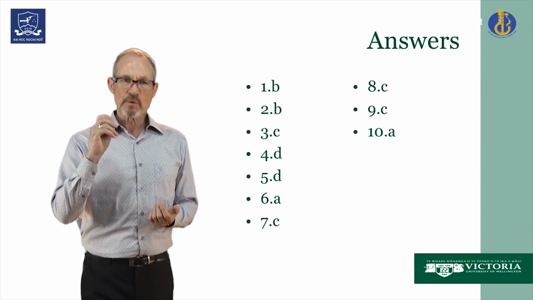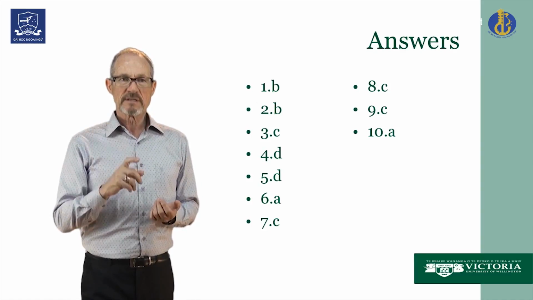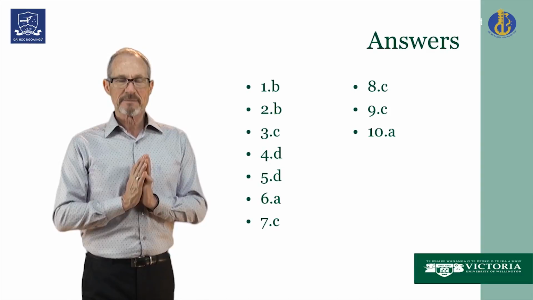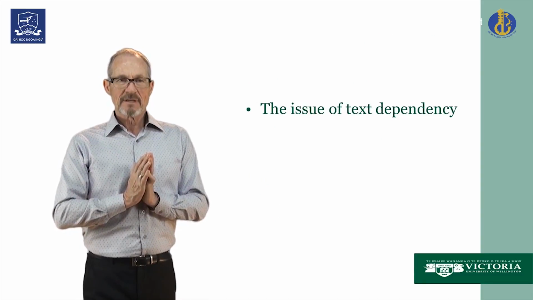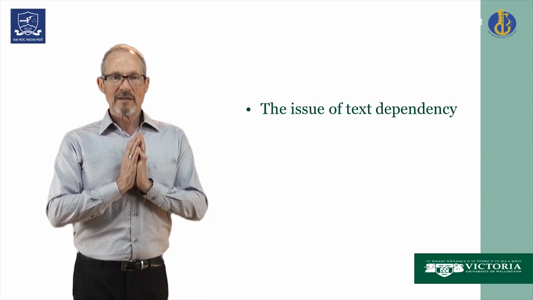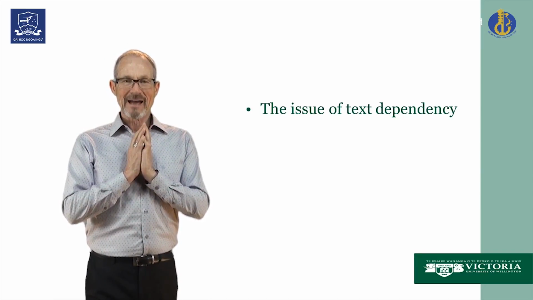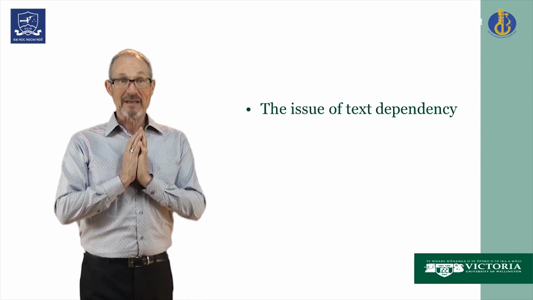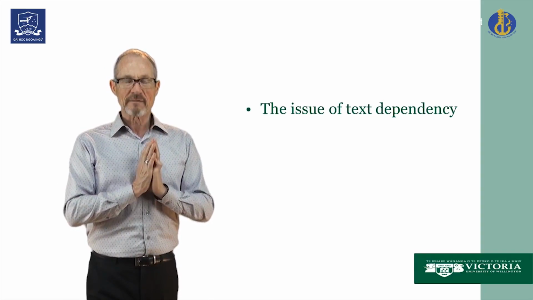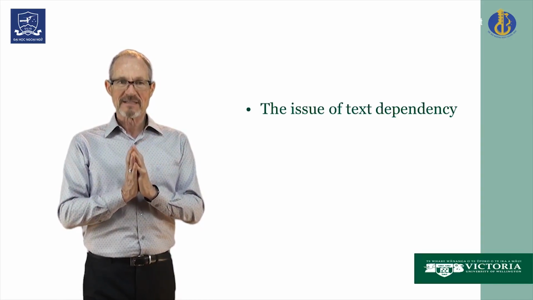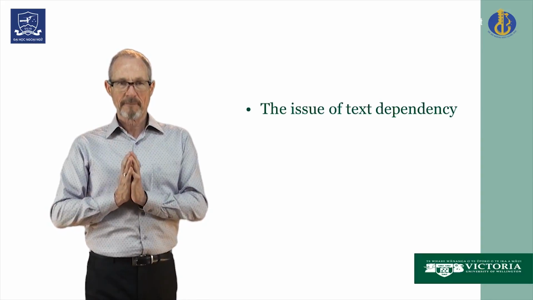And this alerts us to a really important issue. It's the issue of text dependency. So what this means is that you should not be able to answer the questions and get a passing mark without being able to read and understand the text first.